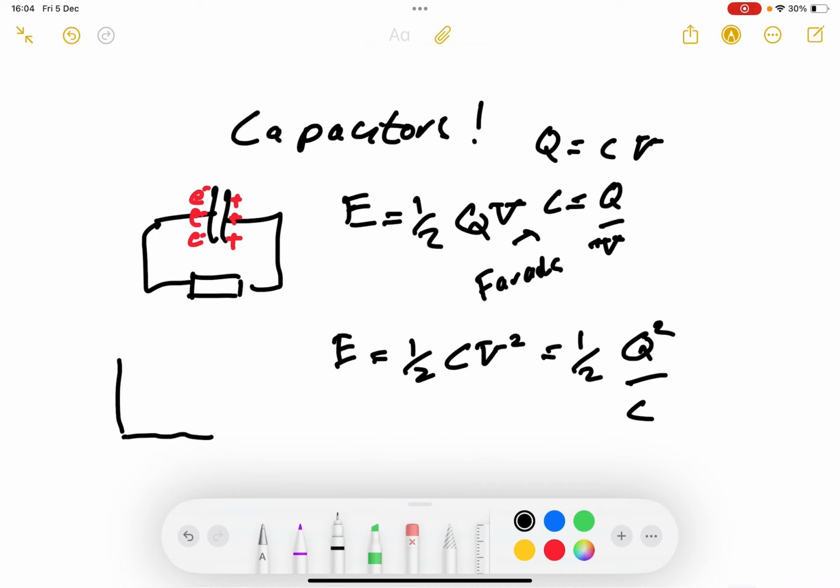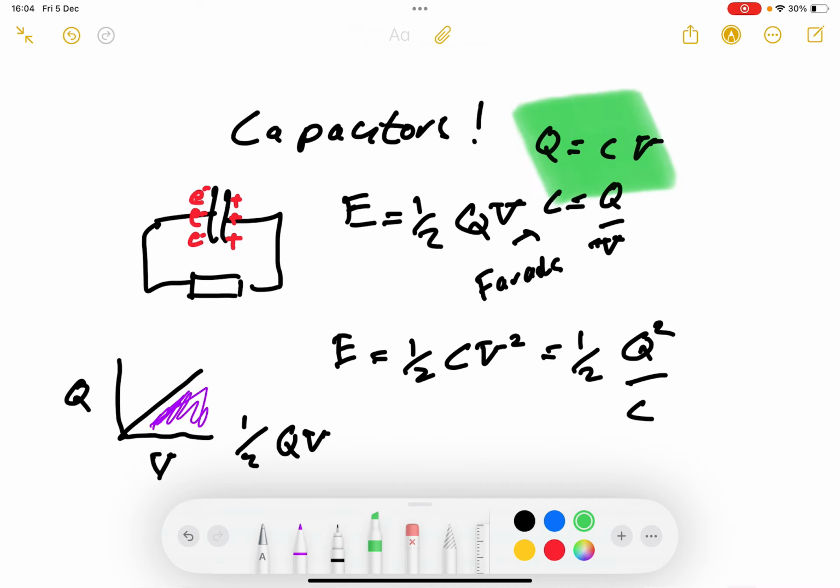If we plot a graph of Q against V, then the area under that graph has units of energy, and that area, because it's a triangle, is a half QV. And then we can substitute in by that equation to replace either Q or V to get those two other equations.